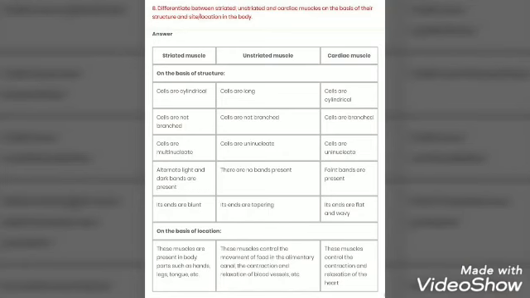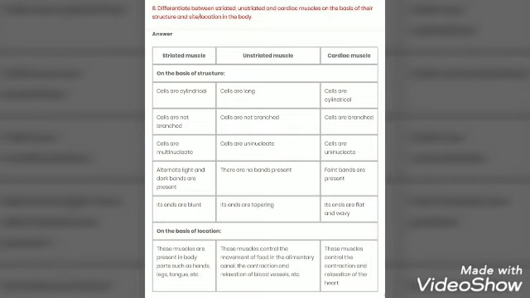The next question, that is question number 8, is to differentiate between striated, unstriated and cardiac muscles on the basis of their structure and site or location in the body. See children, when we talk about the shape and structure of the striated muscles, these are long, cylindrical, non-tapering muscles having dark and light bands.